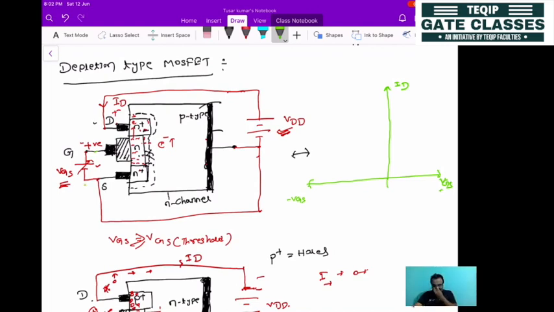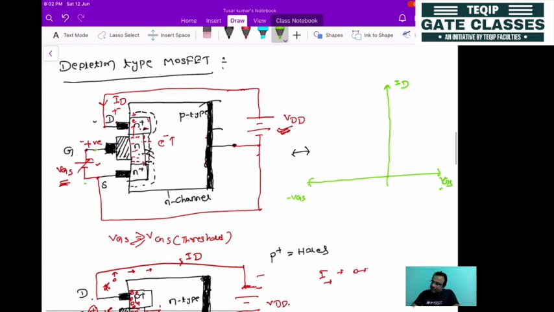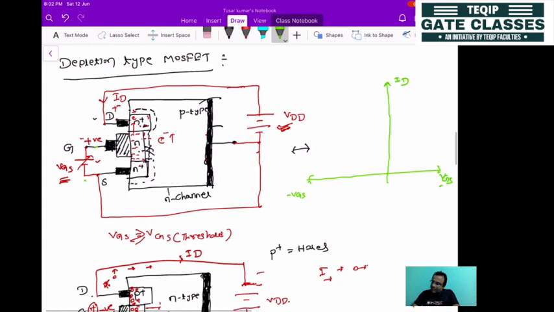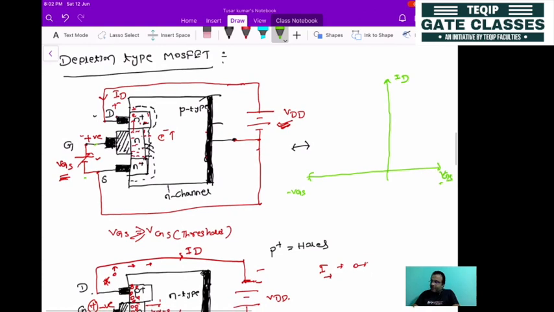If you go on increasing the voltage, what will happen? The charge carriers will be accumulated and will move toward the N channel. Whenever VGS reaches the threshold value, what will happen?